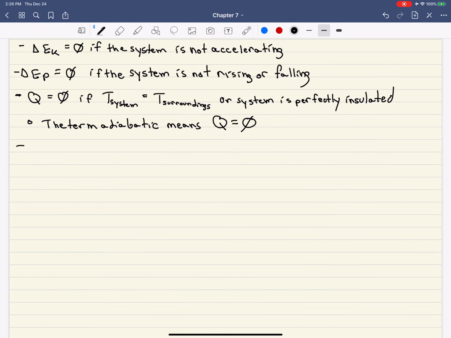For work, this term can be considered to be 0 if your system size is not changing. There's no mechanical work. All right, the boundaries are not moving. And also, if there's no moving parts, right? So you can't really have any shaft work.